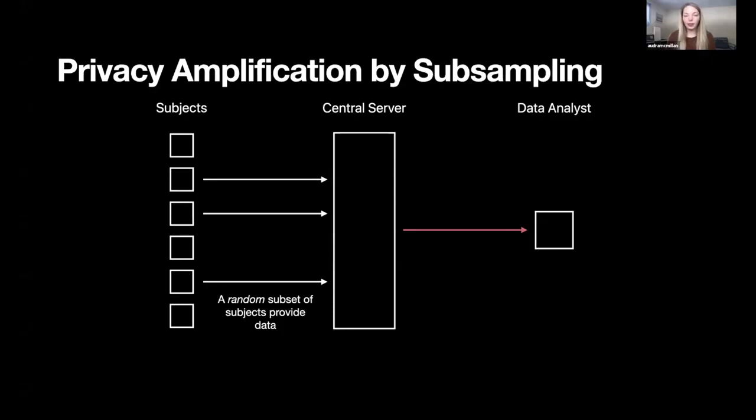And it's important here that this is a random subset, and this subset is not known to the data analyst. The question of privacy amplification by subsampling is how much more private is this composition? So do these people get any extra privacy from the fact that I don't really know if they're in the sample or not? And of course, the answer is going to be yes, they do.